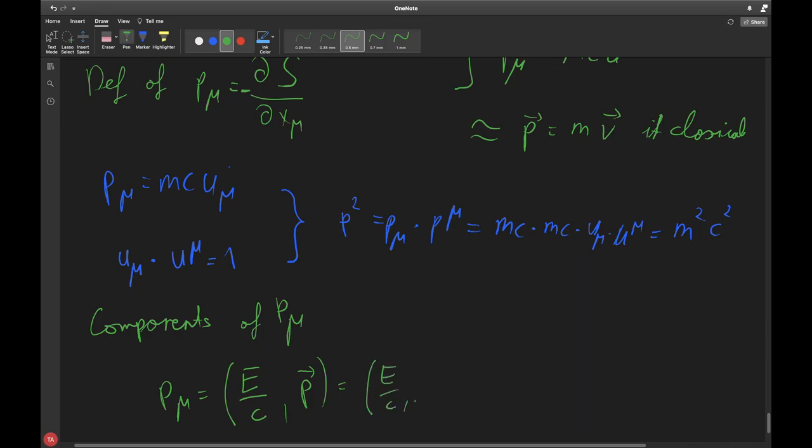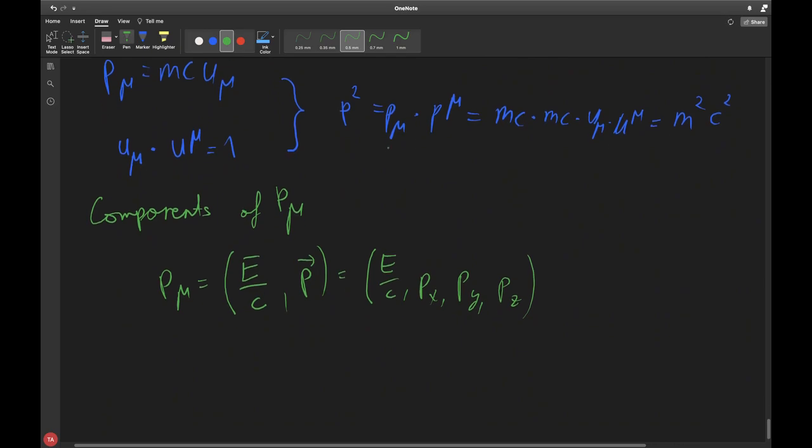This is E over c, this is px, py, and this is pz. So we can think of energy as the same thing as momentum, just in the time coordinate, if that makes any sense. But then I can make p squared out of this too. P squared is the same as p mu times p mu up.